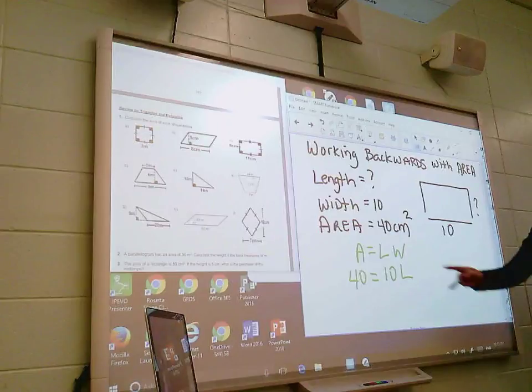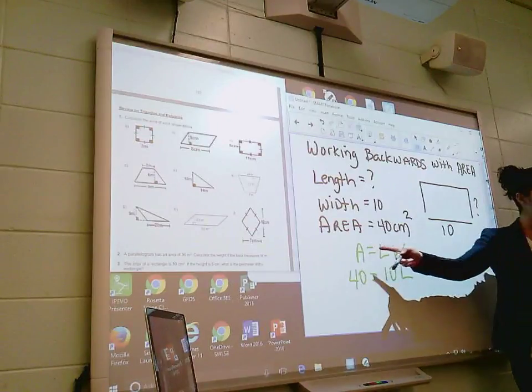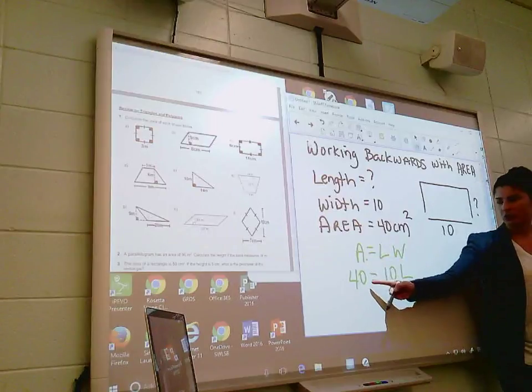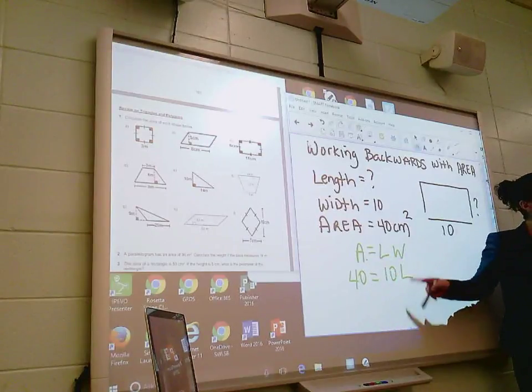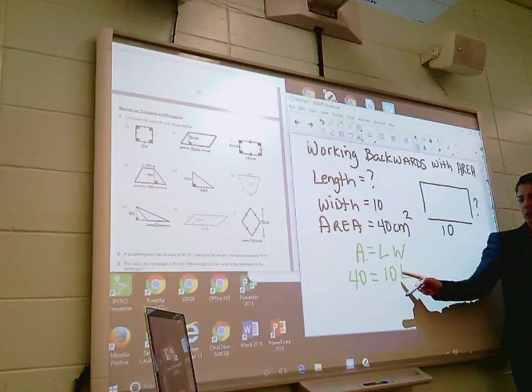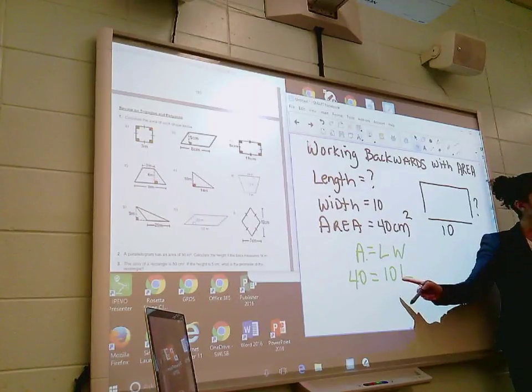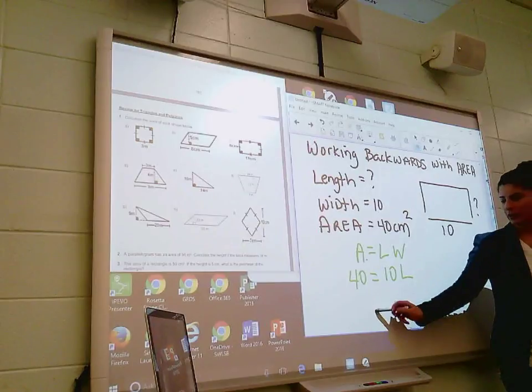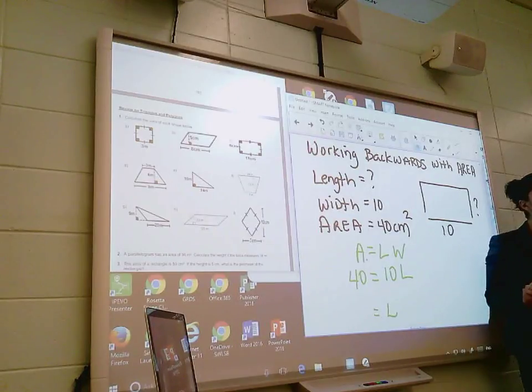So I took my formula that has letters and replaced the letters by the values given. And now, algebraically, how do I remove the 10? How do I remove this 10, so that L is by itself, so I can find out the length?